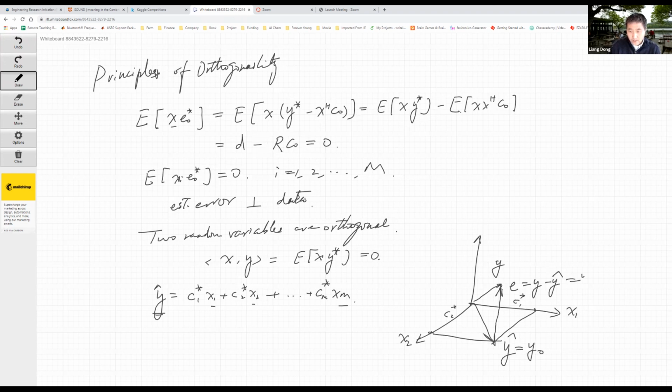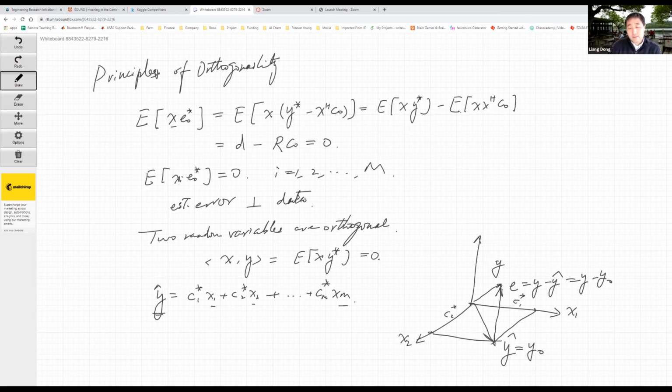So this is y subtract y0. What we want to do is minimize the error. Now, what is the minimum error you can have? When E is orthogonal to this plane spanned by x1 and x2, right? If it's orthogonal, then the distance is the minimum distance.